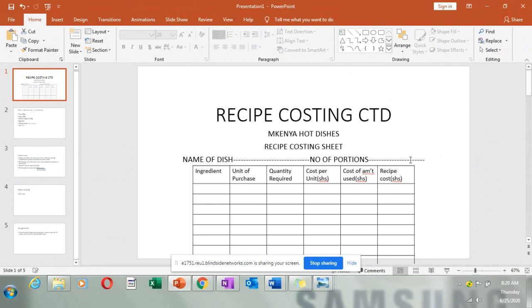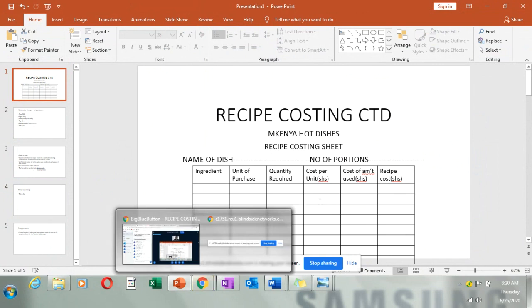Then you have the table itself with the columns. The columns are supposed to be 6: ingredient, unit of purchase, quantity required, cost per unit, cost of amount used, and the recipe cost. That is very important.